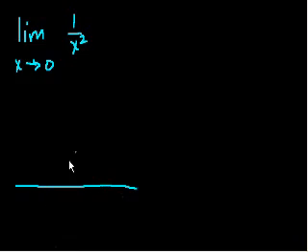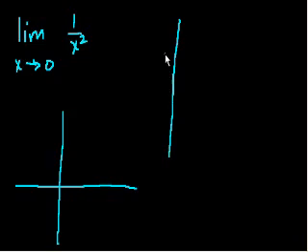That's my x-axis. This is my y-axis. Here, no matter what value we put into x, we get a positive value, because you're going to square it. Once again, obviously you can't just put x equal to 0. You'll get 1 over 0, which is undefined. But what does 1 over x squared evaluate to?